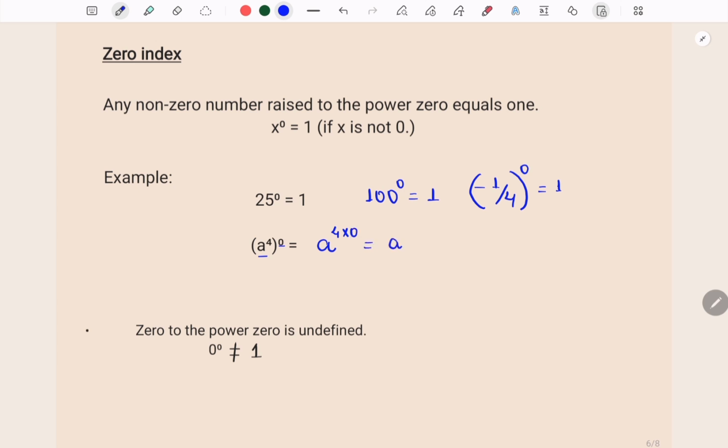So 4 multiplied by 0 is 0. A raised to the power 0 is 1, given that a is not itself 0. So as long as a itself is not 0, a raised to the power 0 is 1. Okay.